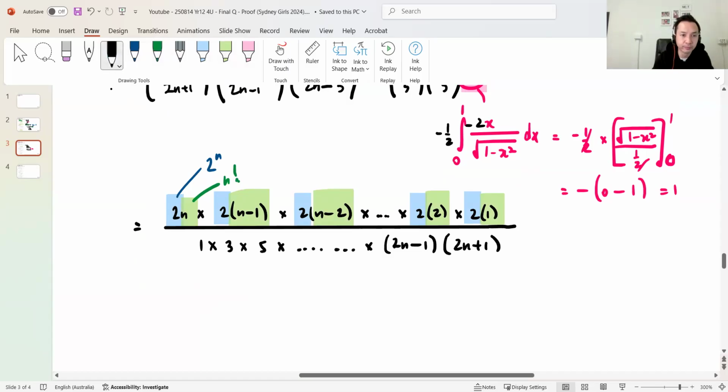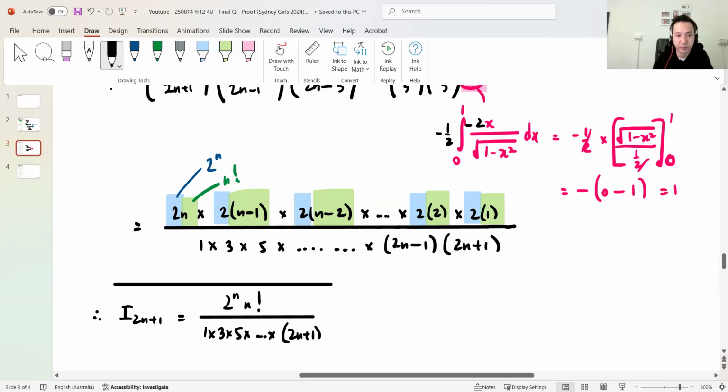Therefore, I 2n plus 1 equals 2 to the power of n factorial all over 1 times 3 times 5 times 2n plus 1. And that's what I want to prove.